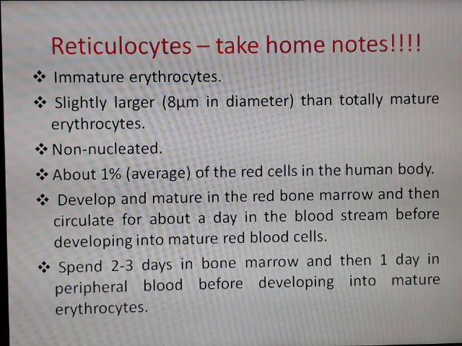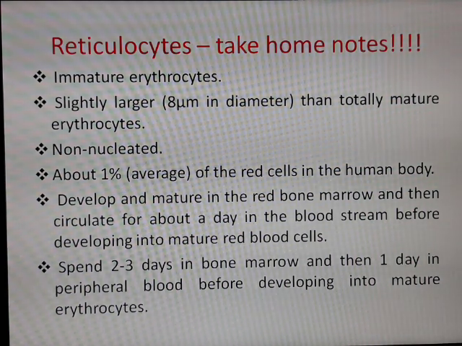Now, some take-home notes about reticulocytes. The reticulocytes are immature erythrocytes. They are slightly larger, around 8 micrometers in diameter, than totally mature erythrocytes. The reticulocytes are non-nucleated cells. About 1% on average of the red cells in the human body are reticulocytes.